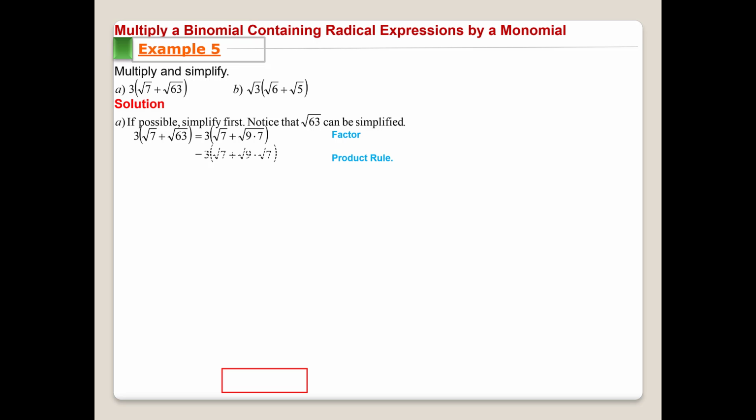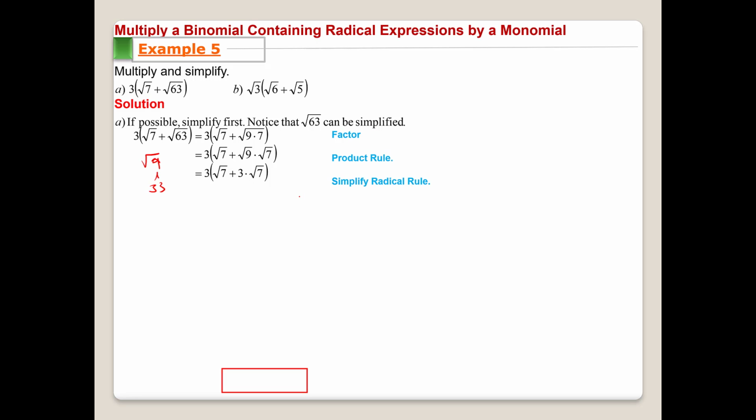Now we're going to use the product rule on that. And again, that square root of 9, you guys should see as well. Square root of 9 will give you 3 times 3 if you like to do the factor tree. So we should be able to pull out a 3 for the 9. So we have a 3 right there.